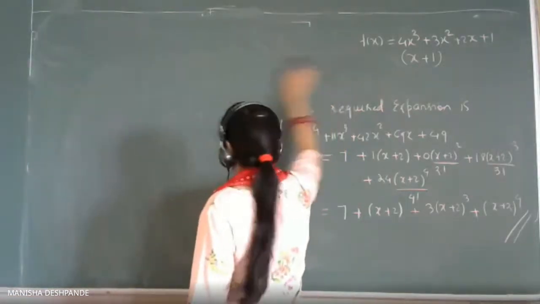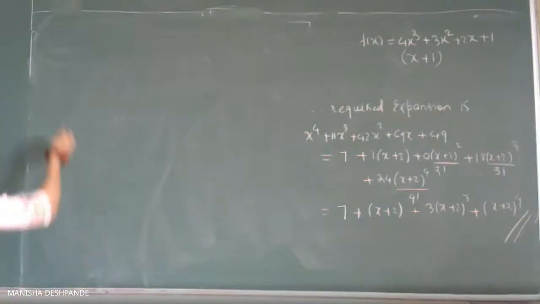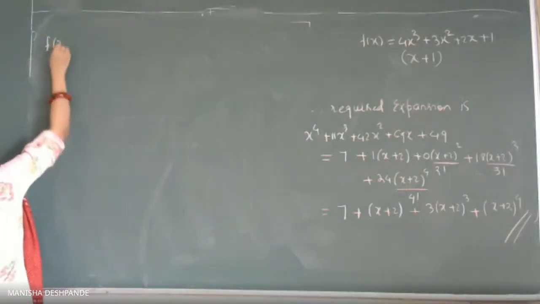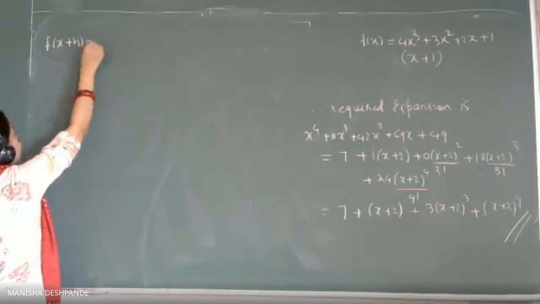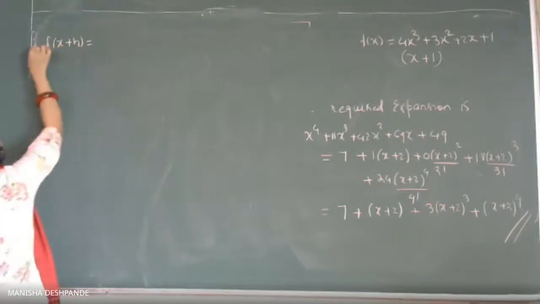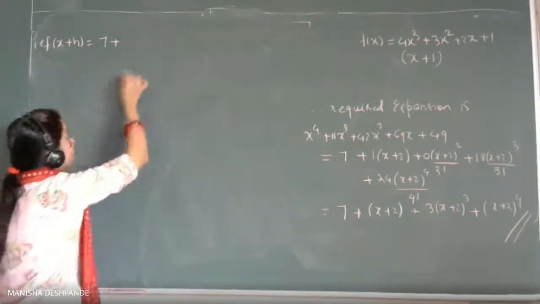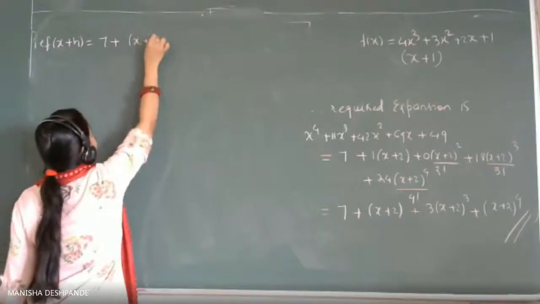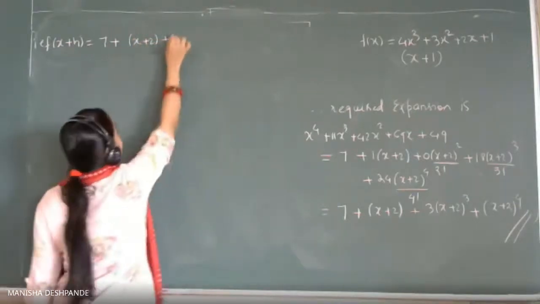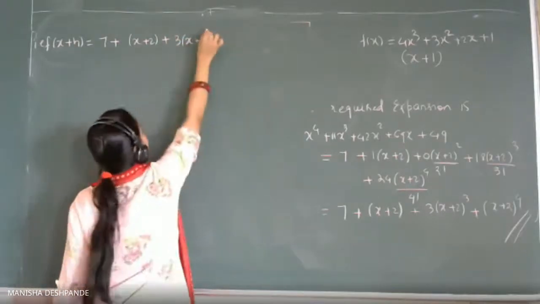Given function is of the type f of x plus h. That is, f of x plus h is equal to 7 plus x plus 2 plus 3 times x plus 2 cube plus x plus 2 raised to 4.